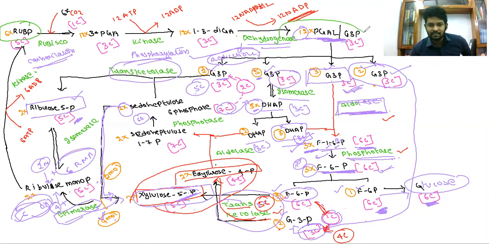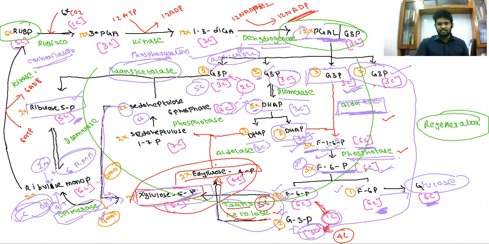From here the whole process we now call the regeneration phase. So here we can see that there are 3 processes happening in the Calvin cycle.